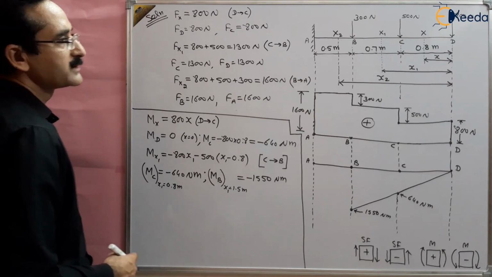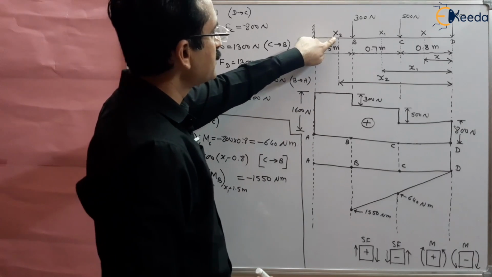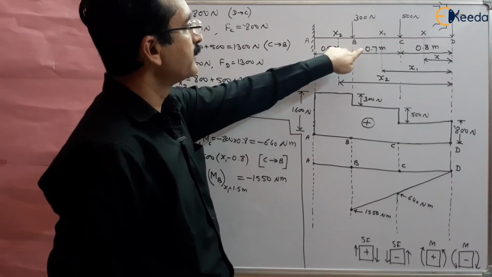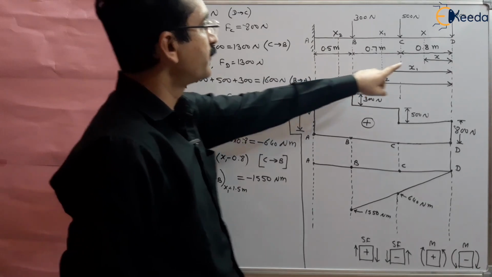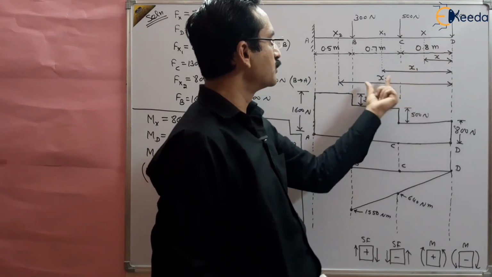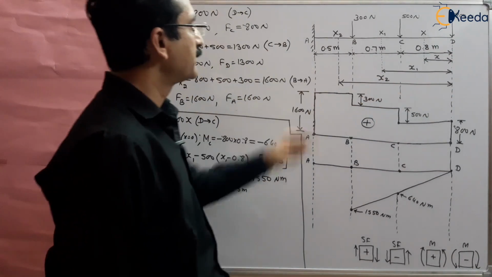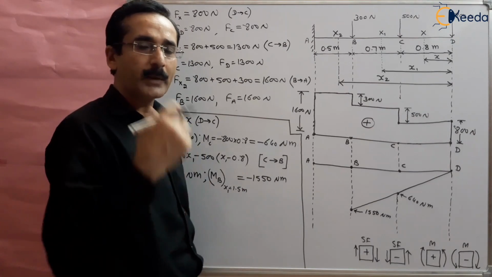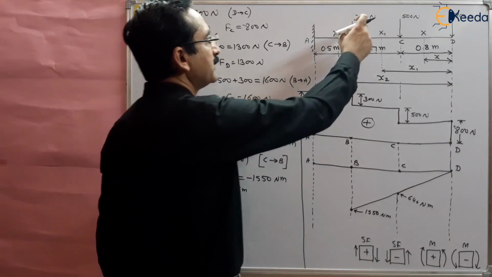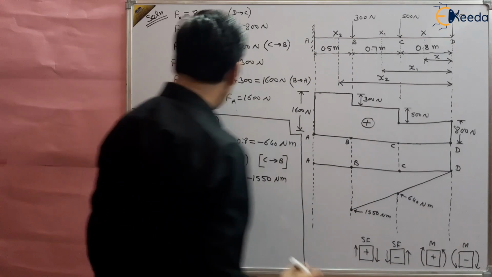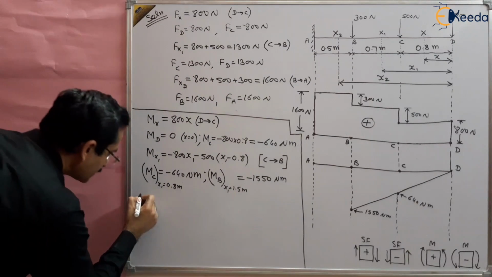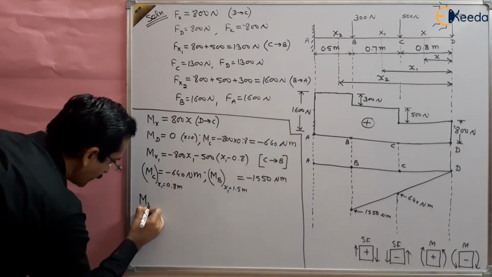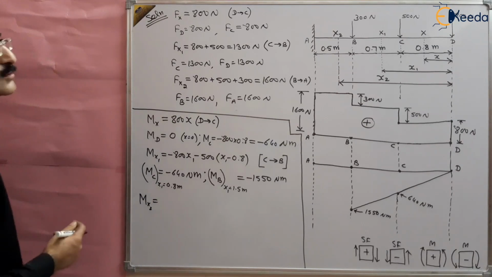Now, next, take the section x2 between A to B, right? It is at a distance x2 from D, and take the bending moment as the algebraic sum of all the forces. So there are three forces, 300, 500 and 800. So find out Mx2.